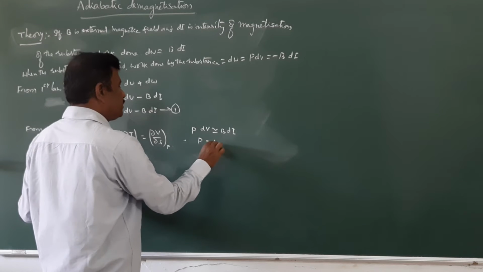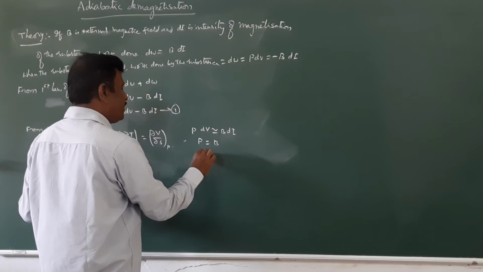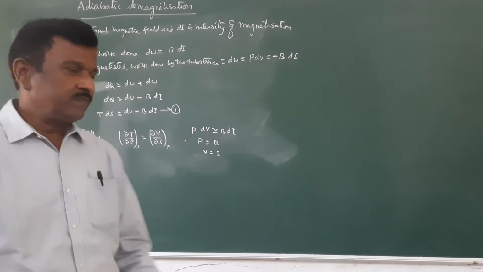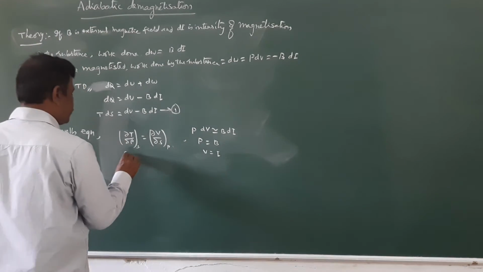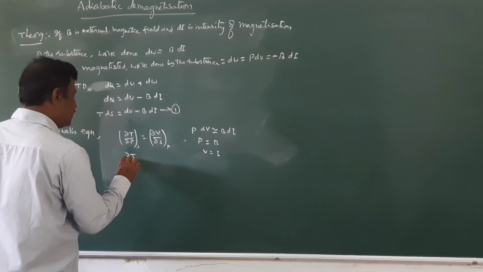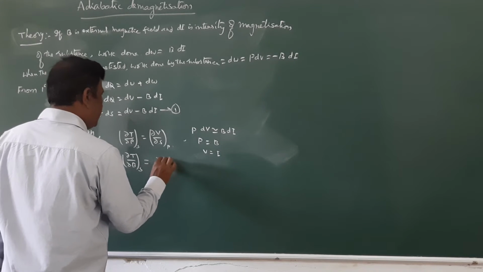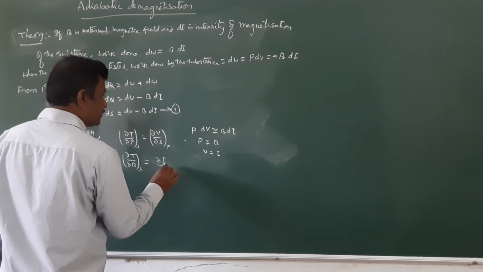Therefore, P is equal to B, and V is equal to I, the intensity of magnetization. Therefore, ∂T/∂B at constant entropy is equal to ∂I/∂S at constant B.